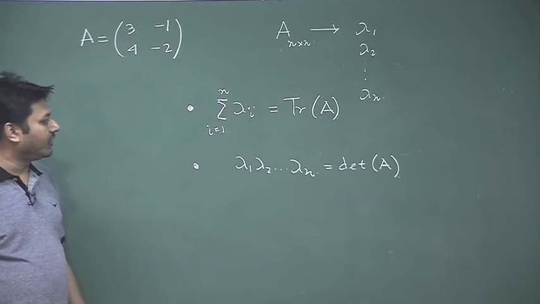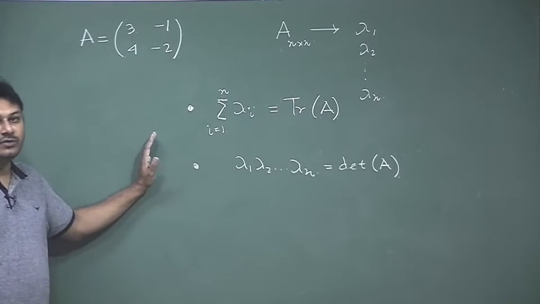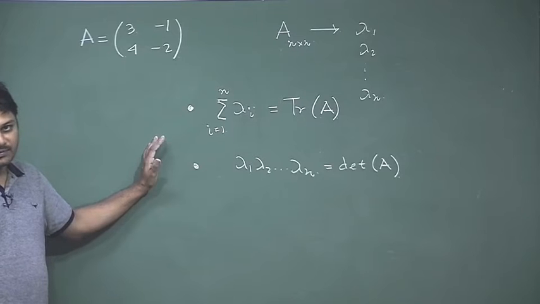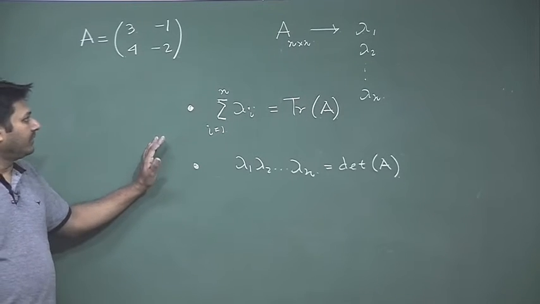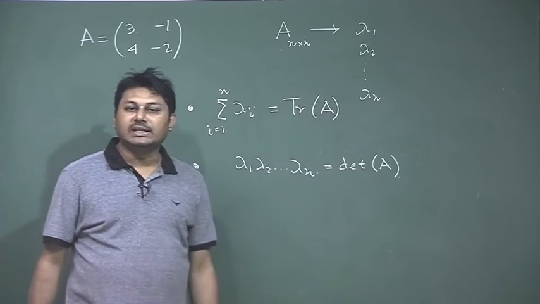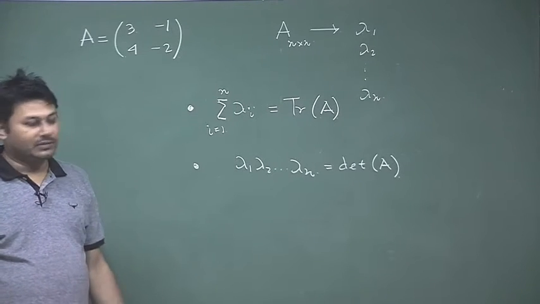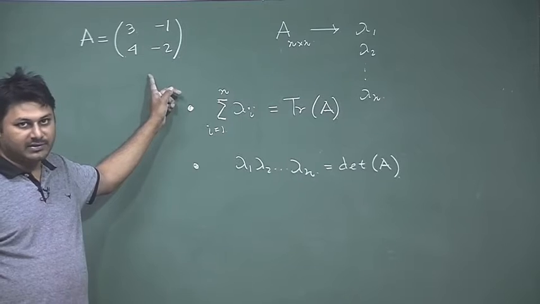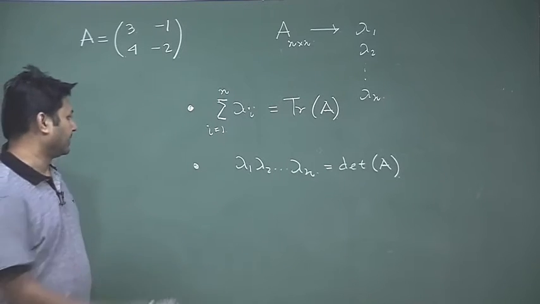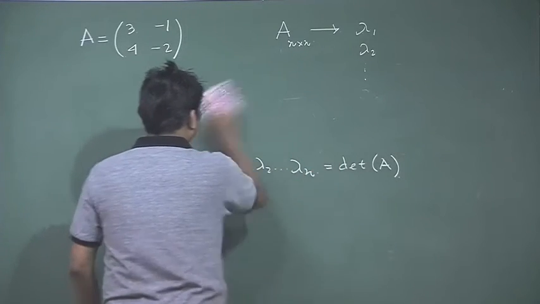With these two vital pieces of information, you can always cross check whether the lambdas you are getting are correct or not. I am going to do that for this matrix, and you can do that for other matrices also. You should remember that.